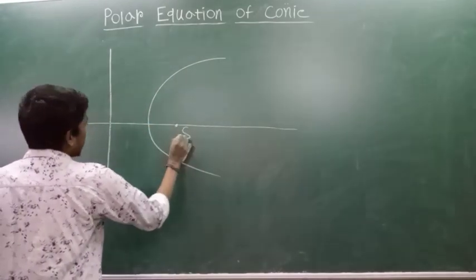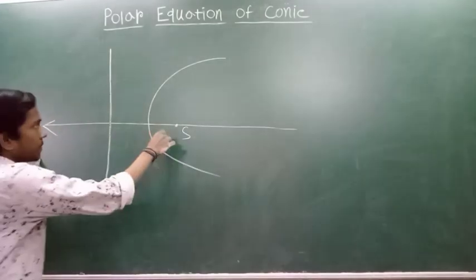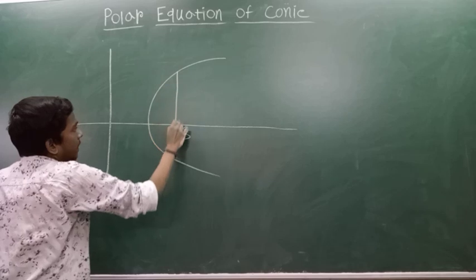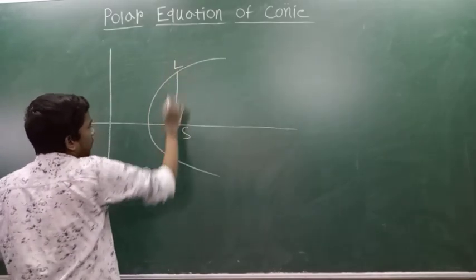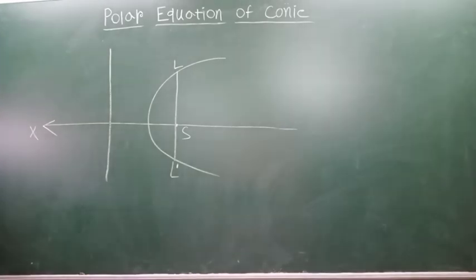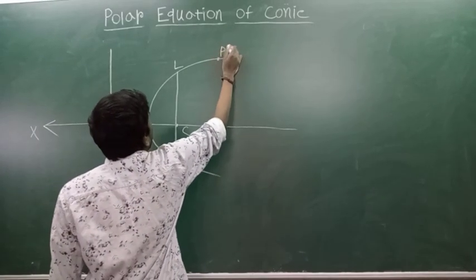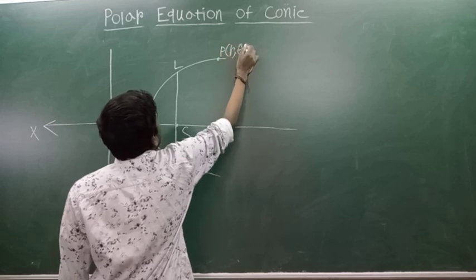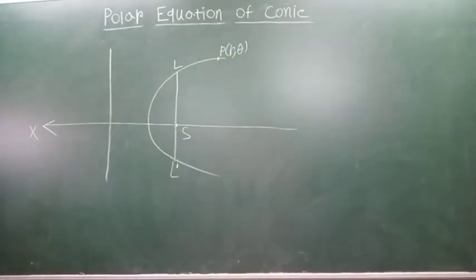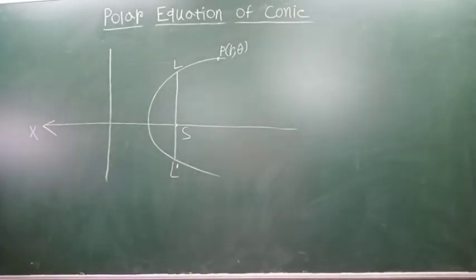So SX is the initial line, the positive direction of the initial line is SX, and S is the pole. Now LL dash is the latus rectum. There is a general point P (r, theta) on this conic and we have to find the locus of point P.